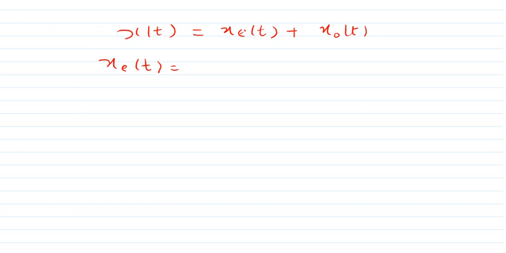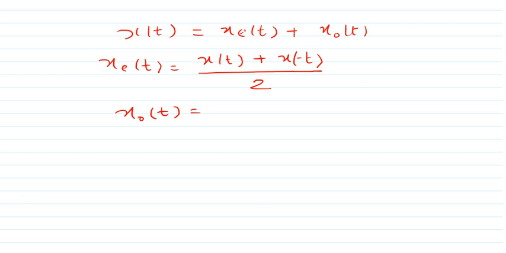The even component is written as xe(t) equals x(t) plus x(-t) divided by 2. And how to represent the odd component? xo(t) equals x(t) minus x(-t) divided by 2.